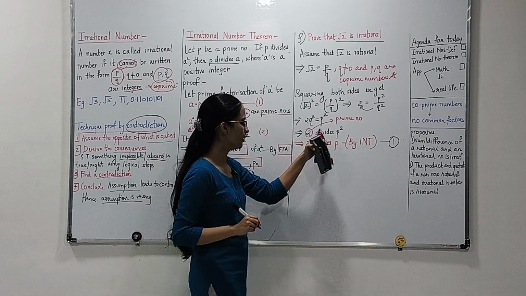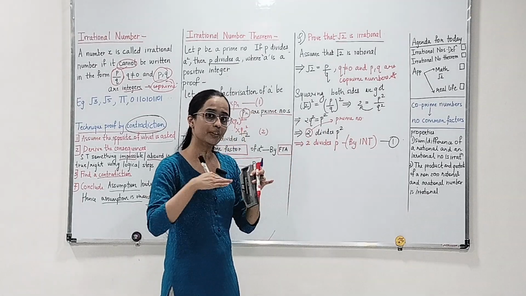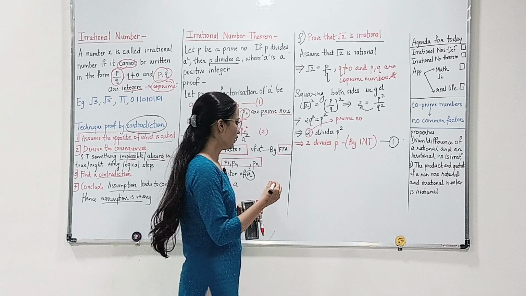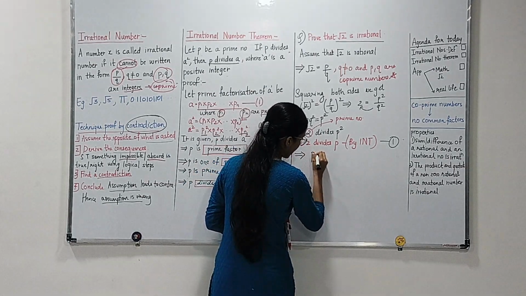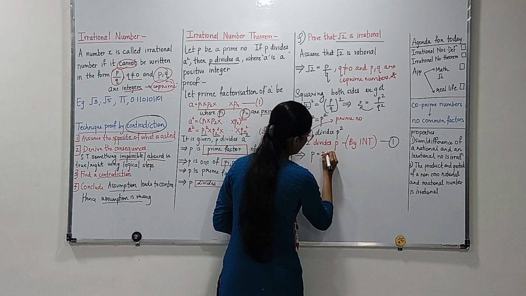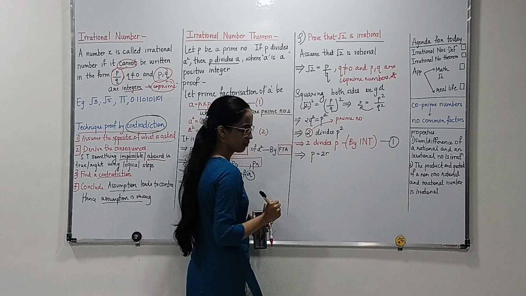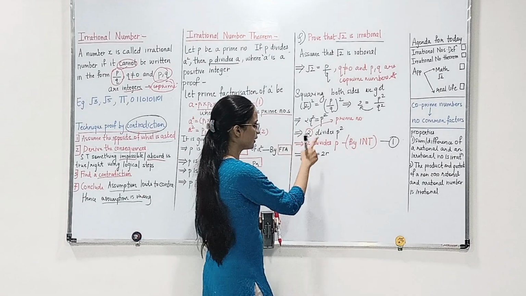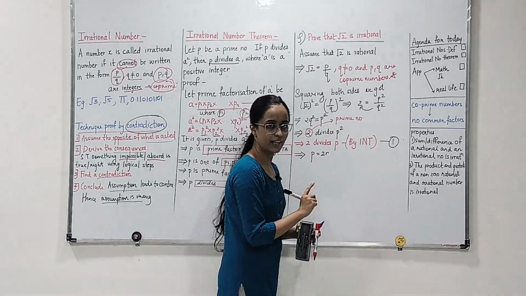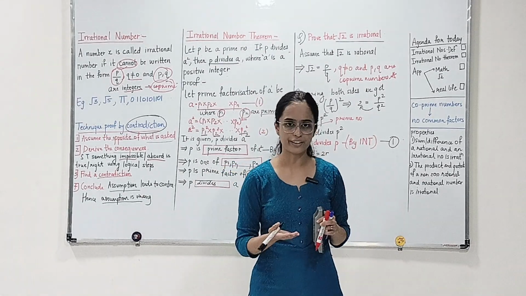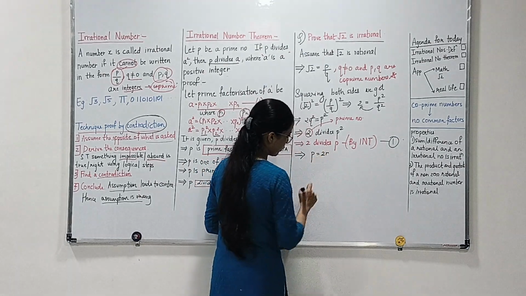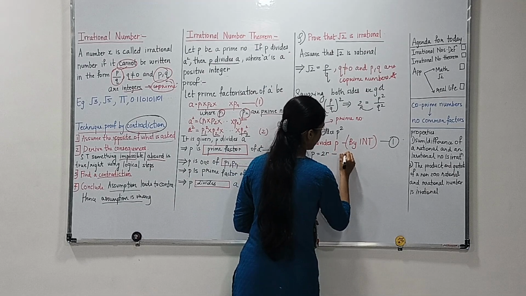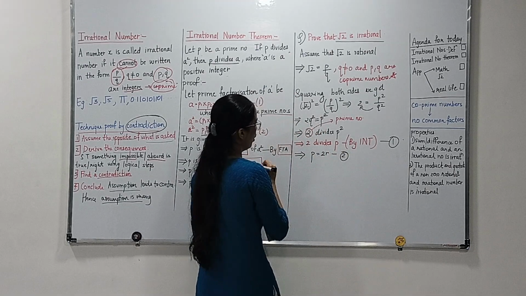If 2 divides P, 2 is dividing P, right? So can you say that P can be written as 2 into r? If 2 is dividing P, it means that 2 is a factor of P. It means that P can be written as 2 into r. Now, this is your equation number 2, right?